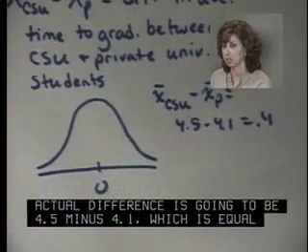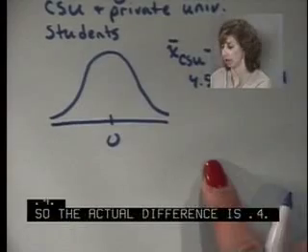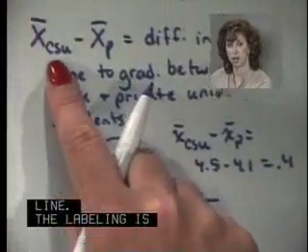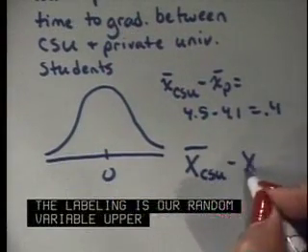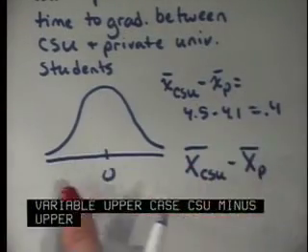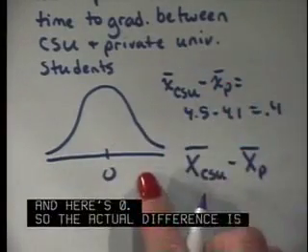So the actual difference is 0.4. Now remember, this is a number line. The labeling is our random variable, uppercase CSU minus uppercase private. And here's 0, so the actual difference is 0.4, so that has to be on the right side.